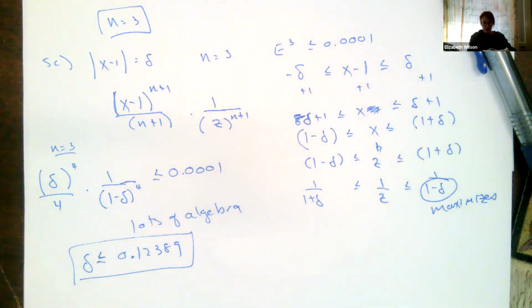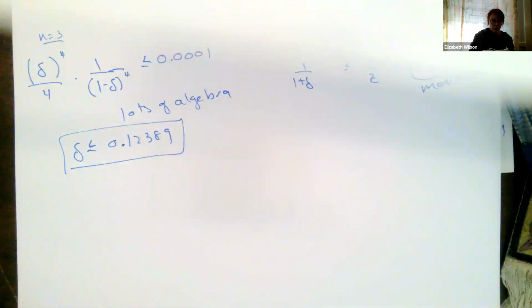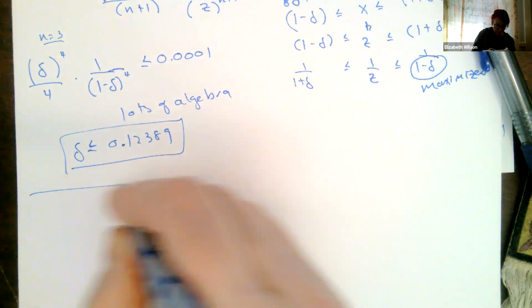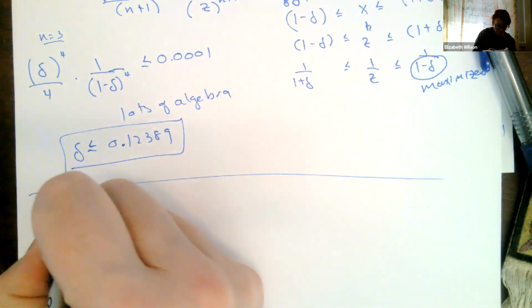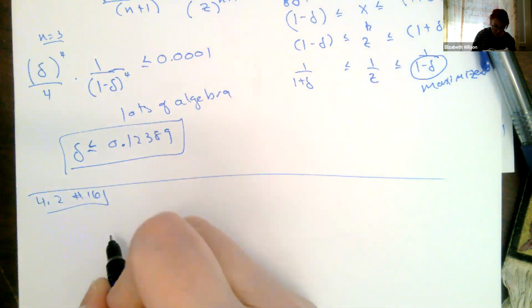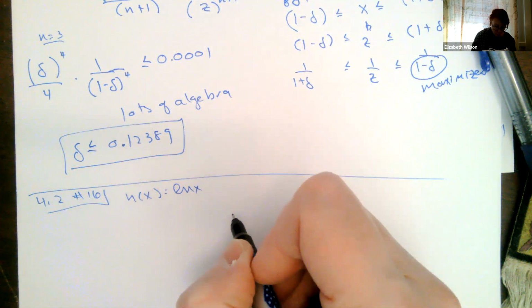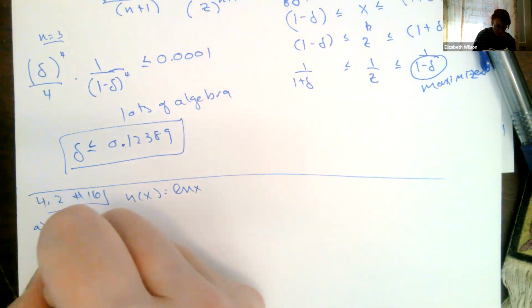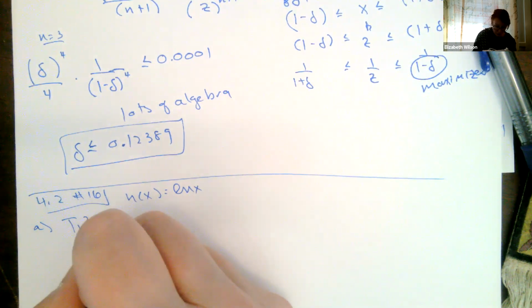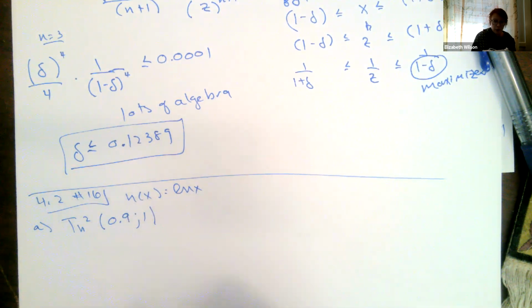Okay, thank you. And then 16. I'll scroll this up a little bit here. This is now 4.2 number 16. I'll do that out. We've got h of x equals ln of x, and we're asked to find a second order Taylor polynomial, evaluated at x equals 0.9.